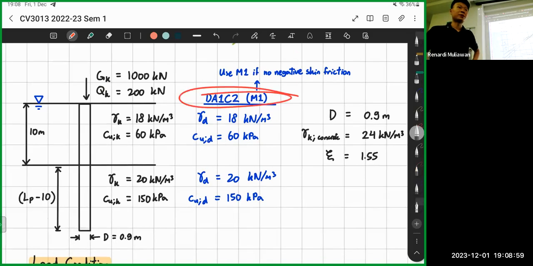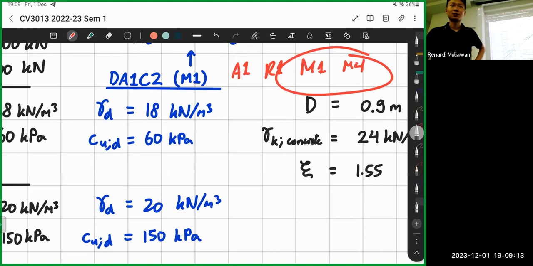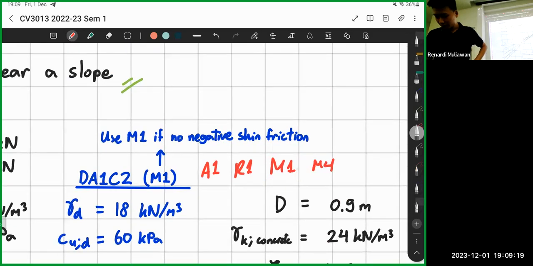So they asked us to design based on DA1C2. For DA1C2, if you remember, there's A1, there's R1, so action and resistance. There's also M1 and M4. This one is for piles. Always use M1. Wait, let me check the table.